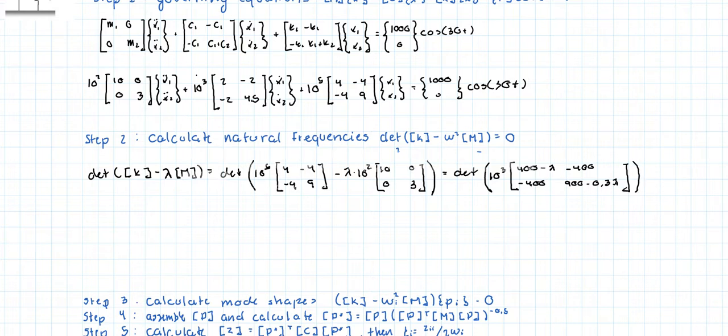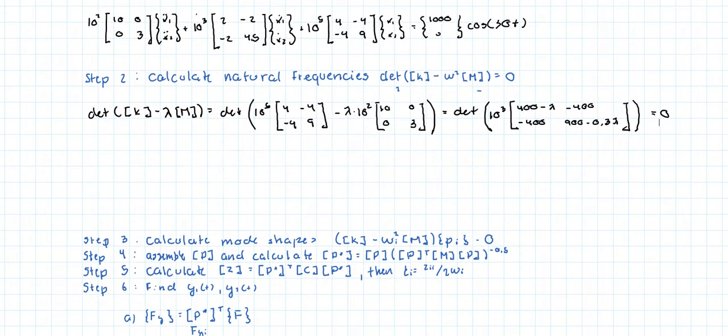And we want to set that equal to 0. Now the determinant, we take this product times this product and we set it equal to 0. The 10 to the third power will simply disappear by dividing both sides of the equation.